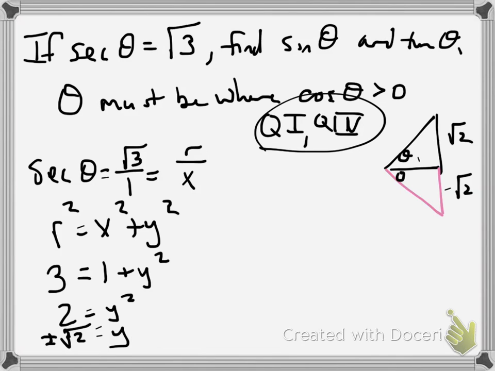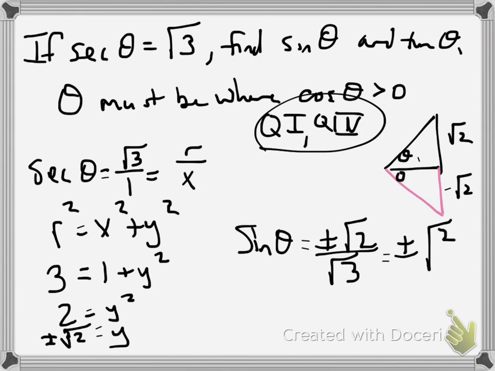So then that means sine of theta can either be positive root 2 over root 3 or negative root 2 over root 3, which means it's going to be plus or minus root 2 over root 3, which is plus or minus root 2/3. Same thing with tangent of theta.